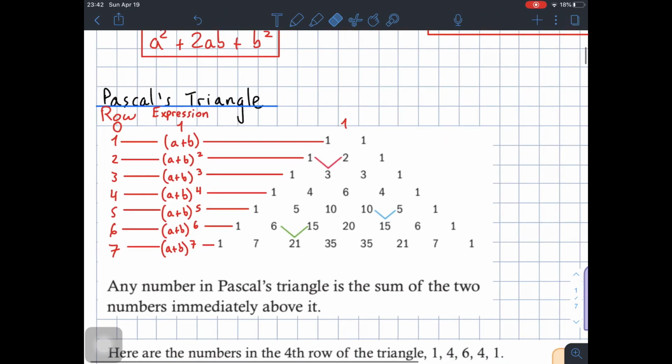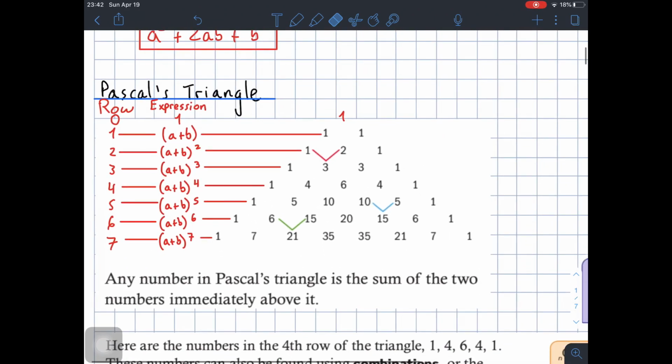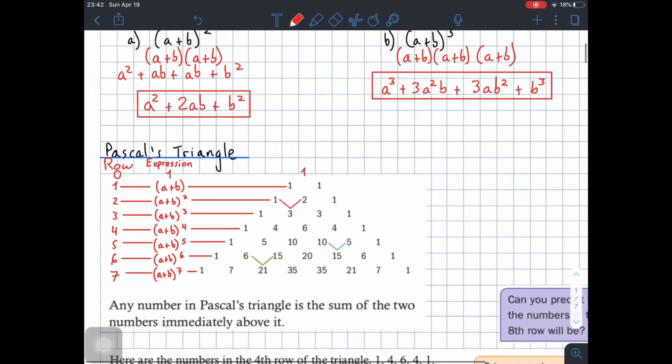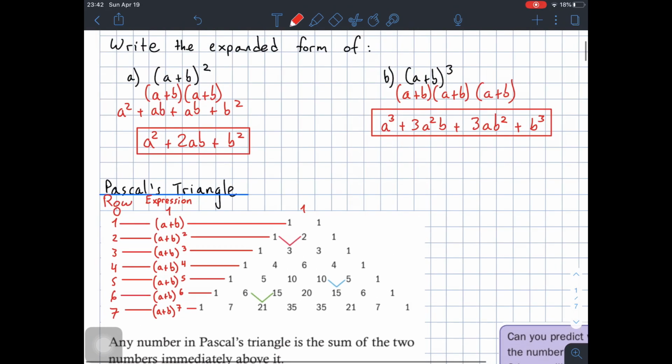And how is this Pascal's triangle useful? If you compare the investigation we just did with the Pascal's triangle, where do you see (a + b)^2? It's exactly here, right? And take a look at the coefficients we have in the Pascal triangle: 1, 2, 1. And these same coefficients are present here, right? 1, 2, 1.